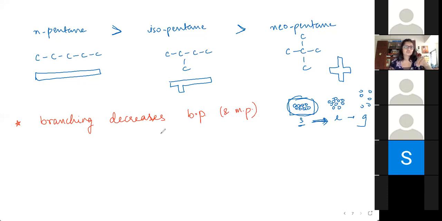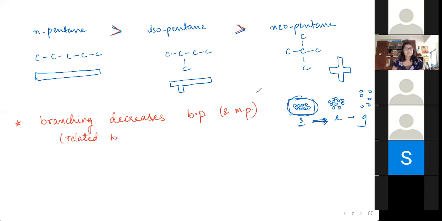The greater the amount of branching, the lower the melting point and boiling point. So neopentane will have the lowest melting point compared to iso compared to n. The reason why branching decreases the melting point relates to the surface area of the overall molecule that's available.